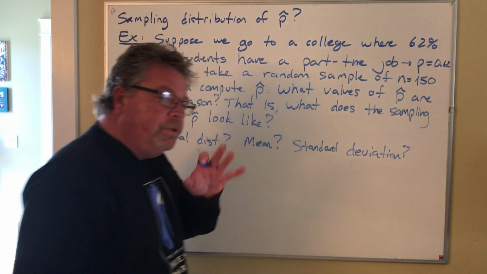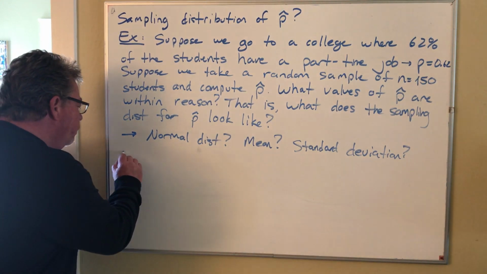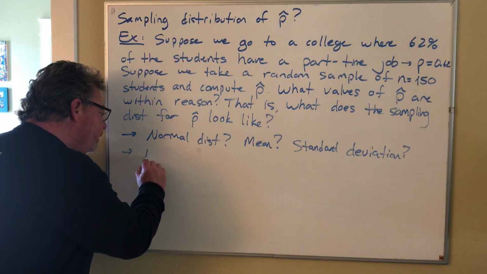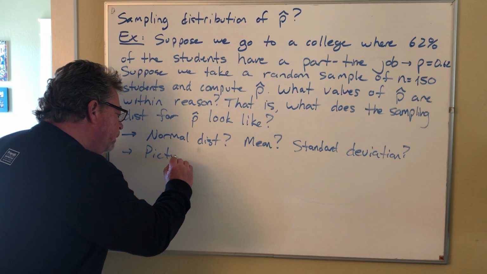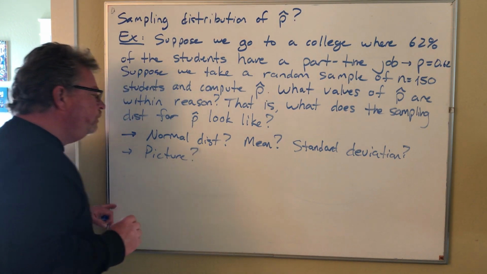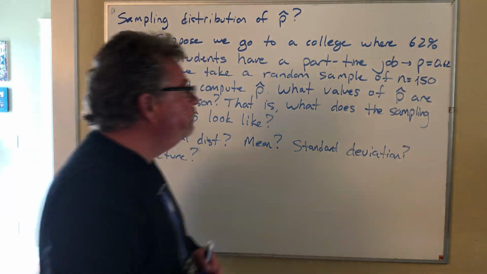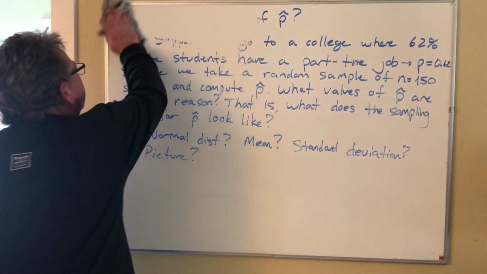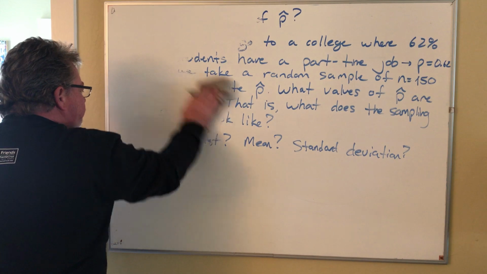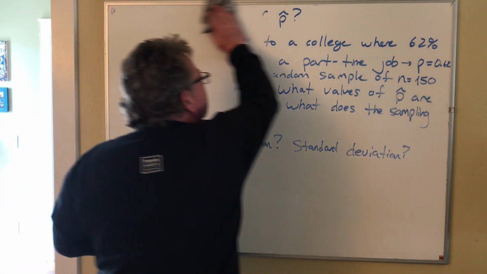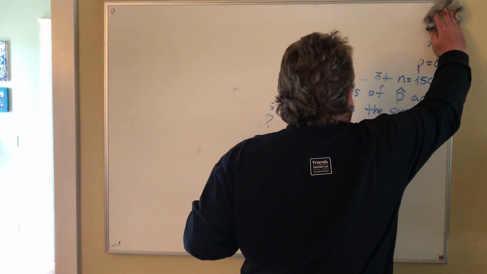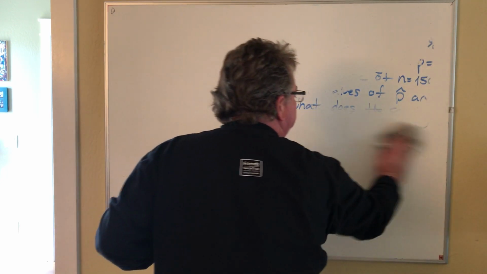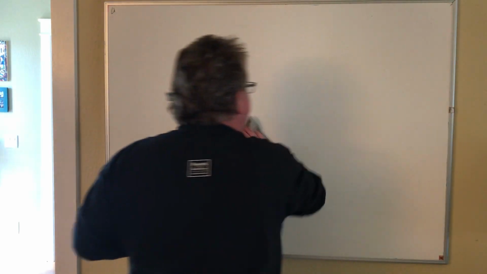And once we have those three ingredients, then we're going to draw a detailed picture. All right, so here's where I'm going. Let's start with whether it will be normal or not.